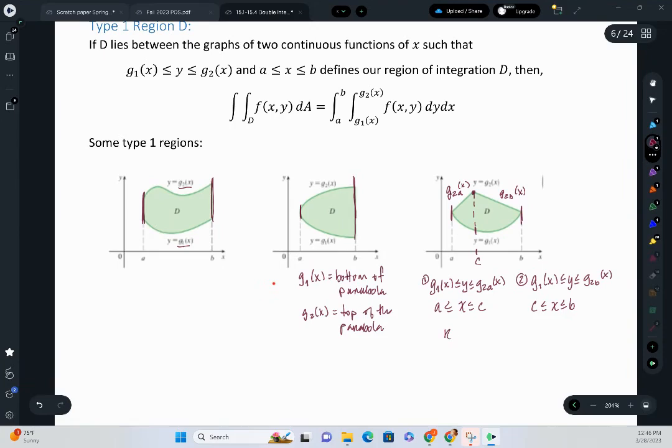This would require a sum of integrals. We'll see some problems like this, and sometimes it will make more sense to use a setup with two separate integrals and add them, but sometimes we'll make our lives harder by doing that, and sometimes easier. We'll just have to play around and see what we come up with.